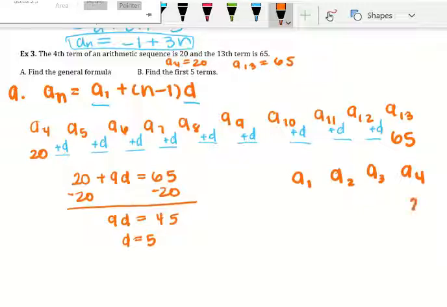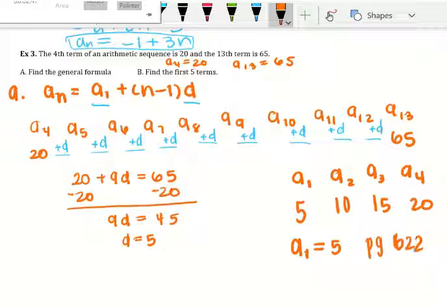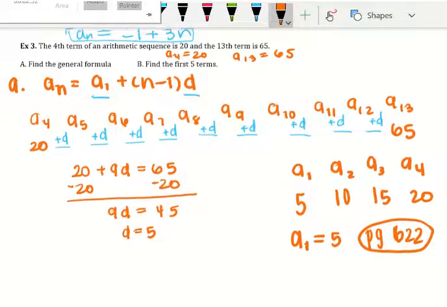You could say this is 20, and then you need to subtract 5, which would be 15, 10, and 5. So my a1 is 5. You could also go to page 622 and they solve a1 doing a different method on the side there.